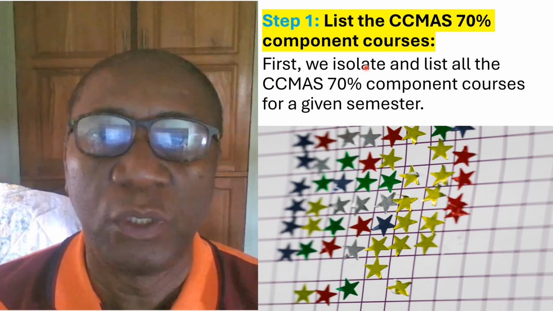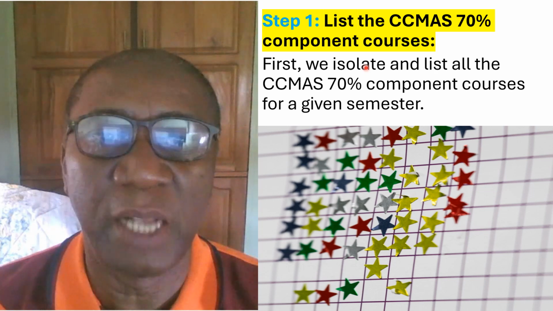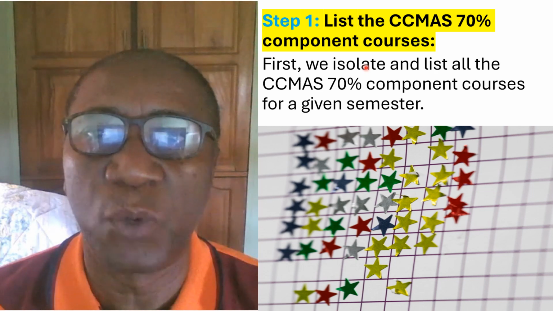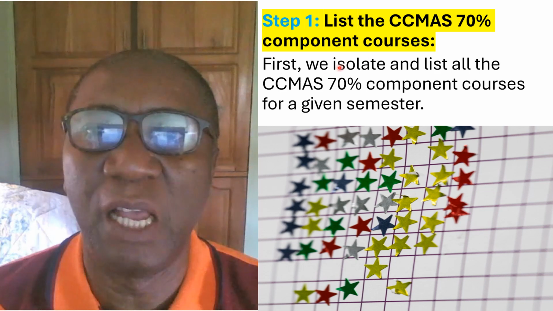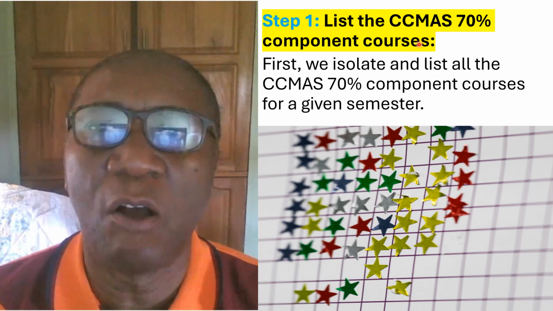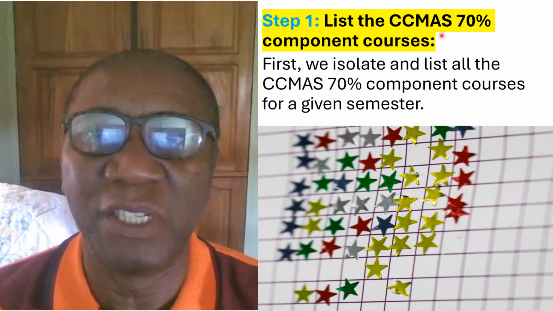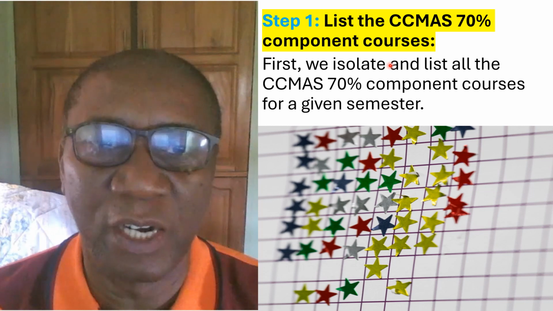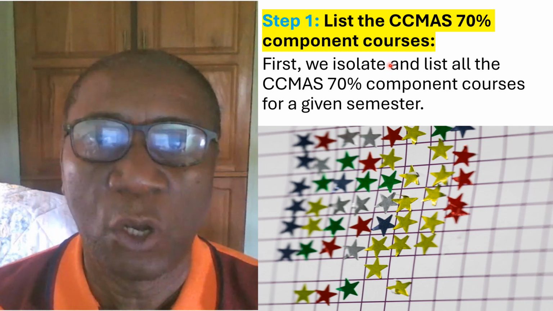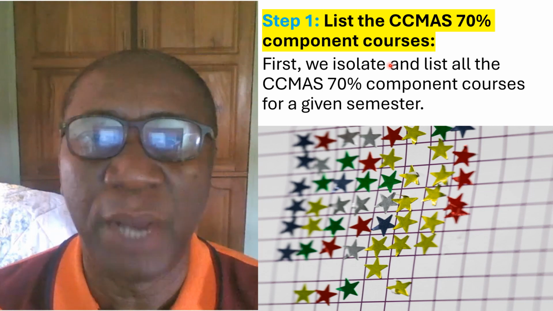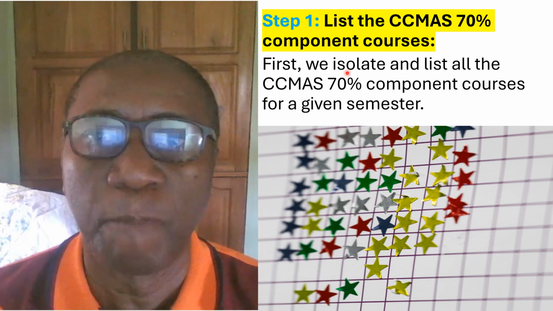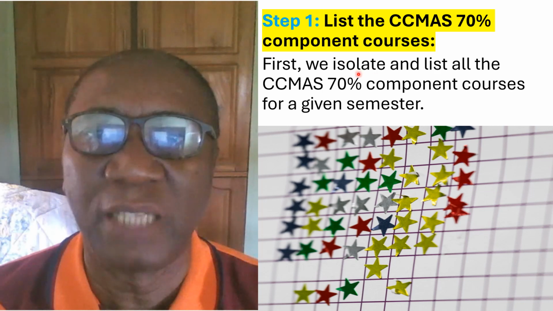For you to develop the 100% CCMAS in your department or in your program, the first step is to list all the CCMAS 70% component already done and already compiled by the NUC. So that's the first step.